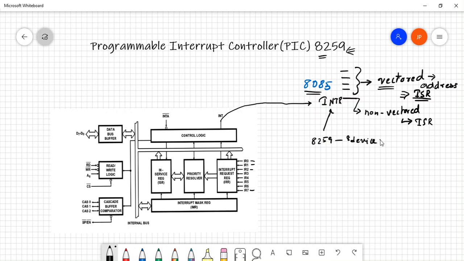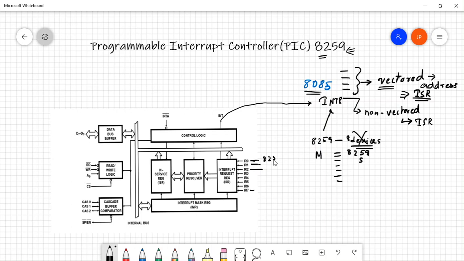But this is not the maximum that you can connect. You can also make this 8259 a master, and to all these pins IR0, IR1 and so on, you can connect at the max up to 8 8259s as slaves, which means there is a master connected to INTR, and to the master you connect 8 8259s as slaves at the interrupting pins IR0, IR1, IR2.